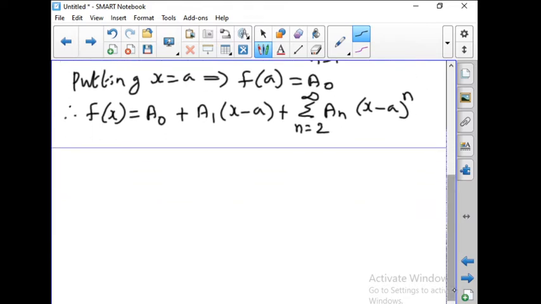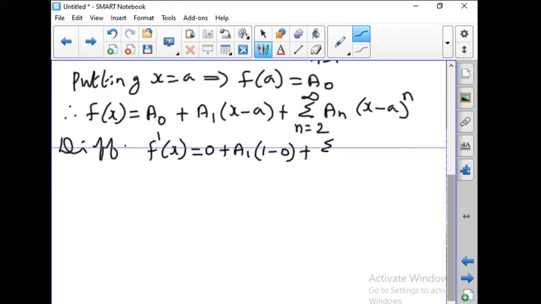Now we are going to differentiate this. So f dash of x is equal to: a naught is a constant, so its derivative is 0. Plus a1 into 1, since the differentiation of x is 1 and of a is 0, plus this we are going to differentiate.